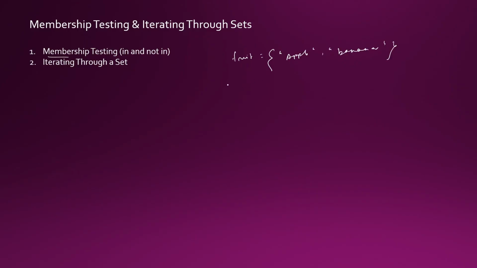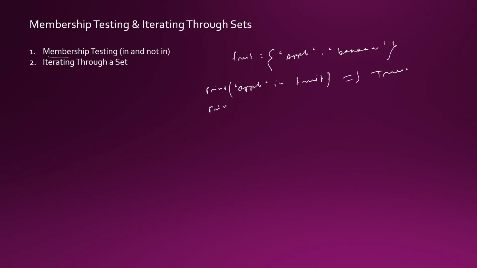If we write print apple in fruit, it gives me the answer as true, because in membership testing we always get output as a boolean, true or false, right?